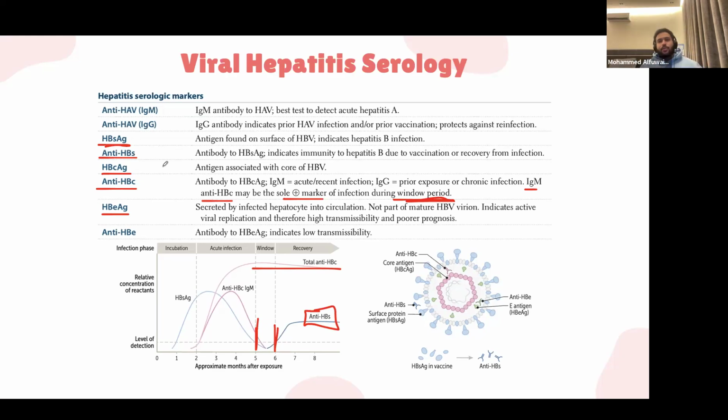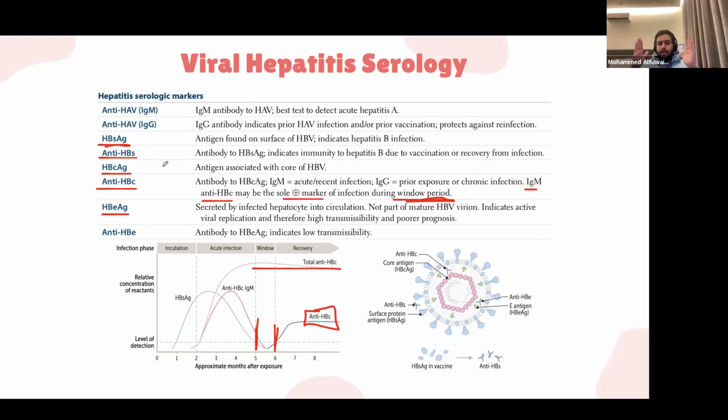The window is when the patient has the acute infection and later on will develop into recovery. They need to produce antibodies specifically to the surface antigen. The time it takes to produce the antibodies after the infection is what we call the window period. In this window period, the patient does not have hepatitis anymore.